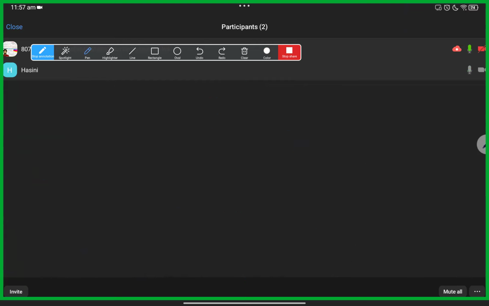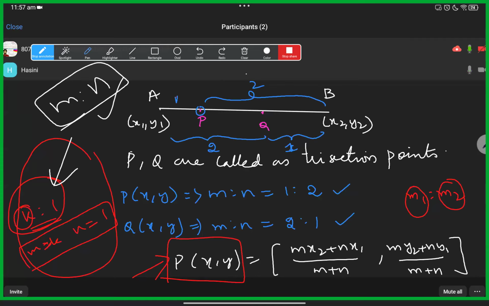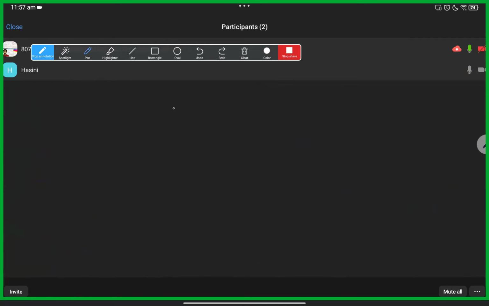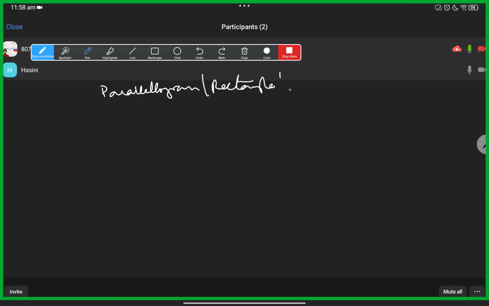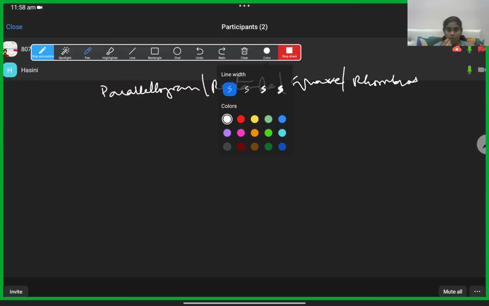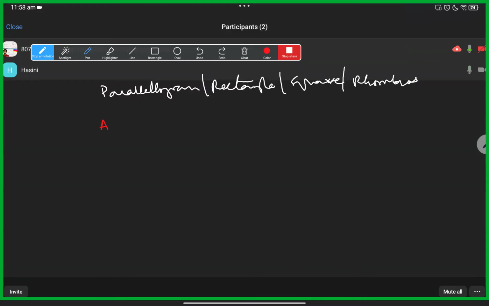Okay, so one final model. For example, in parallelogram cases, they give us a parallelogram or rectangle or square or rhombus. They'll give A (x1, y1) and ask us to find B (x2, y2).